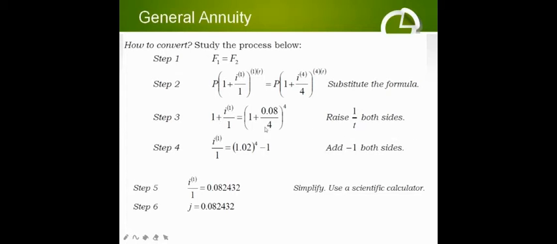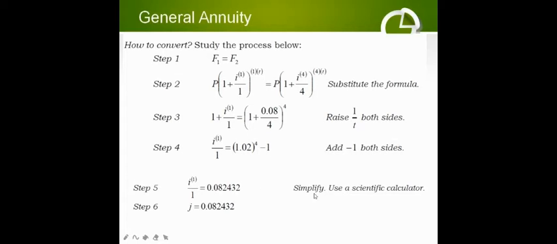So we have 1 plus I raised to 1 over 1 equal to 1 plus 0.08 all over 4 raised to 4. So wala na yung T dyan. And then add negative 1 to both sides. So magiging I raised to 1 divided by 1 is equivalent to 1.02 raised to 4 minus 1.